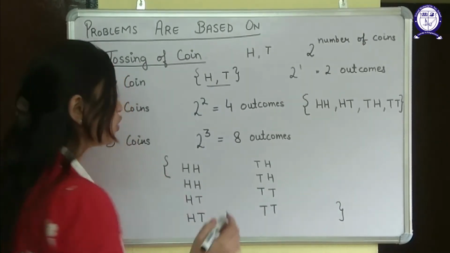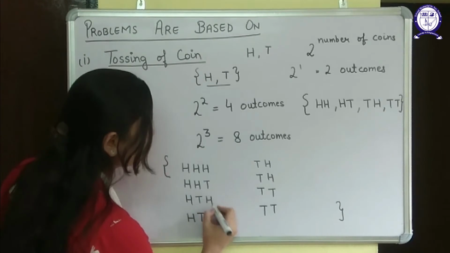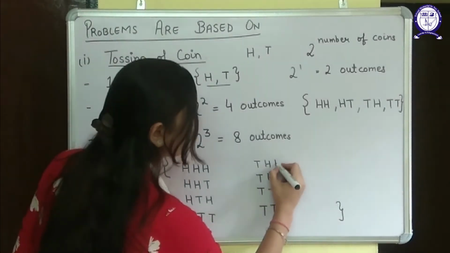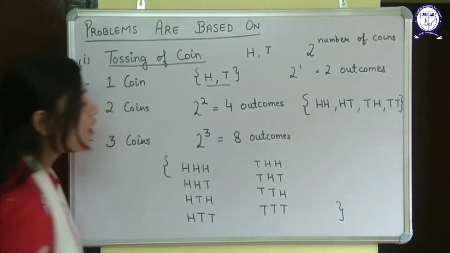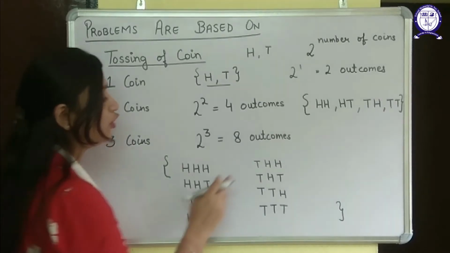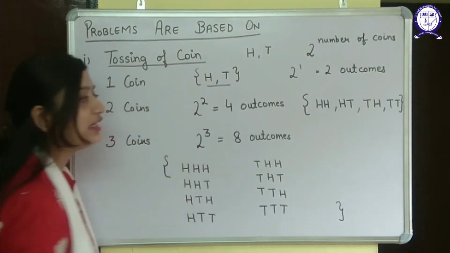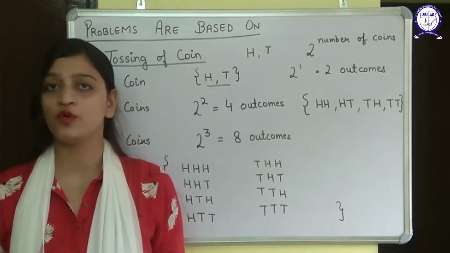That is 1. So I will write head and tail, head and tail, head, tail, head, tail. And this is how I formed my 8 outcomes: 1, 2, 3, 4, 5, 6, 7, 8. These are my 8 outcomes, and with this trick there is no scope for mistakes.